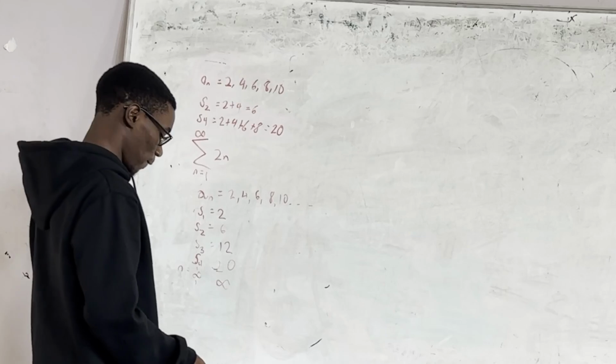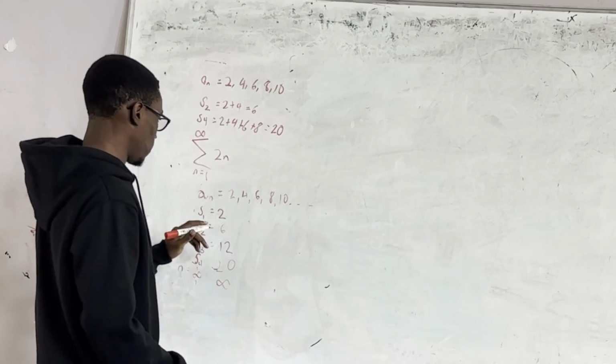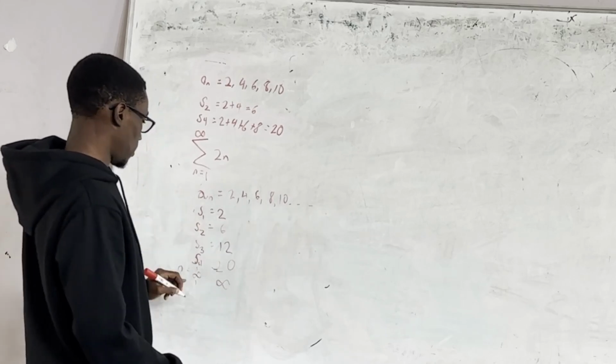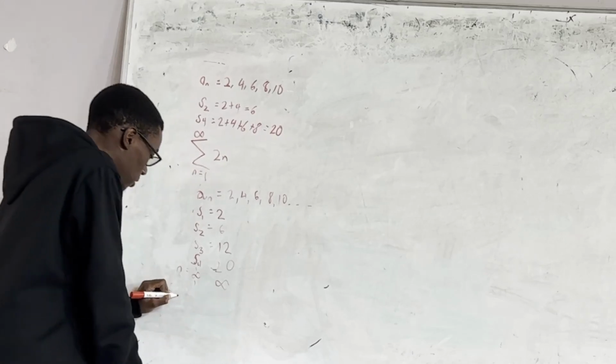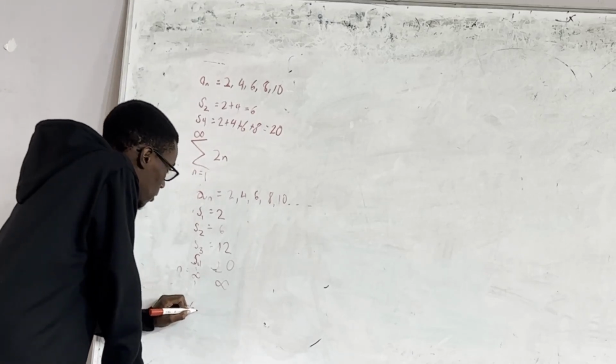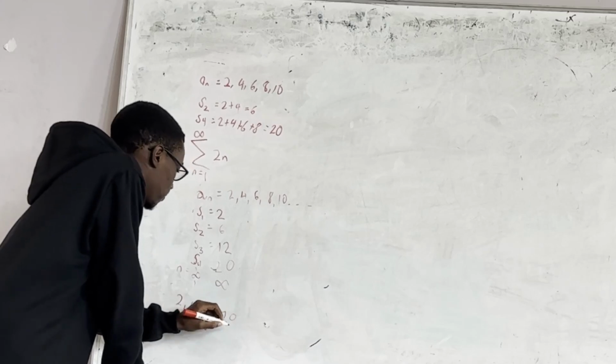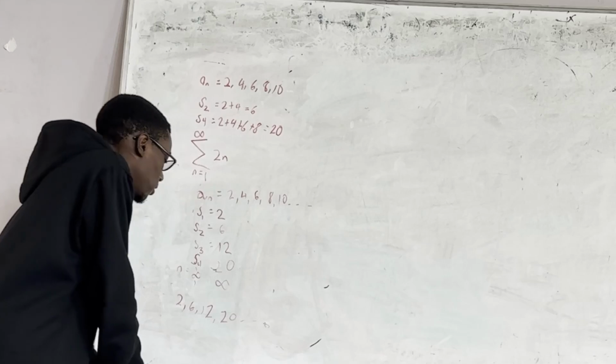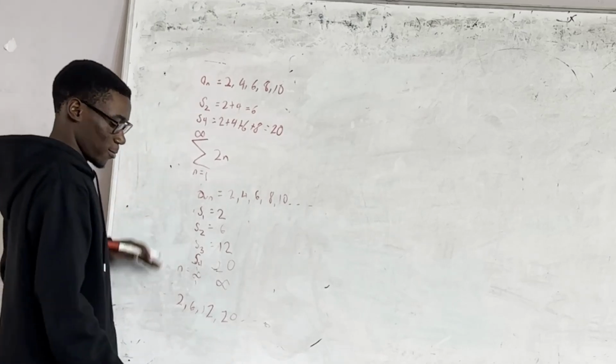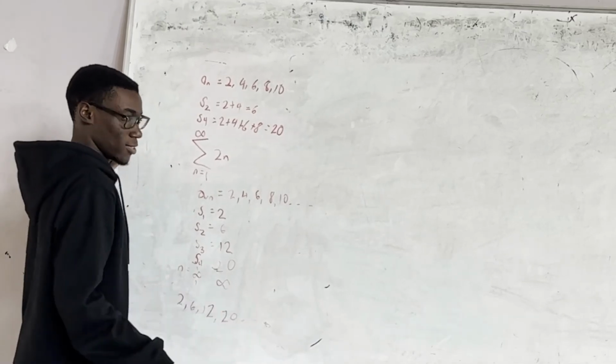Now we generate a sequence for the partial sums, which is 2, 6, 12, 20, and so on.